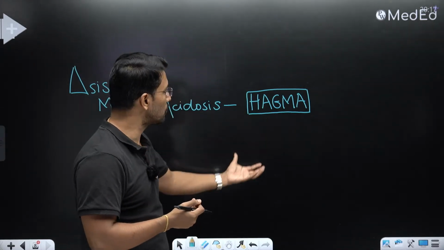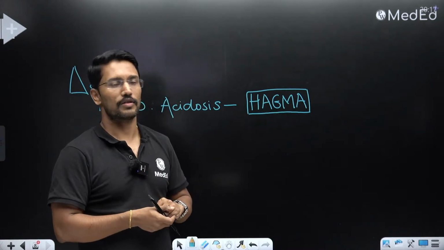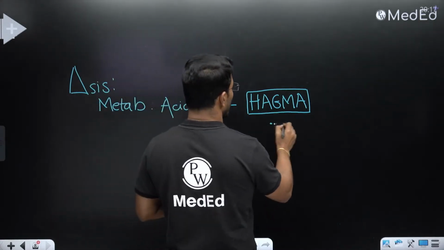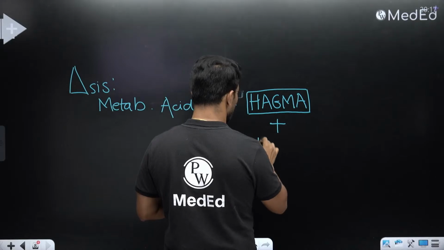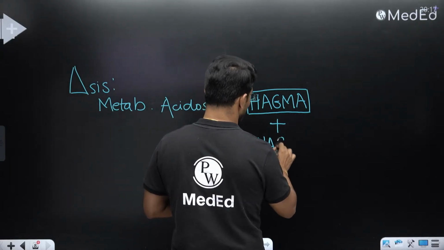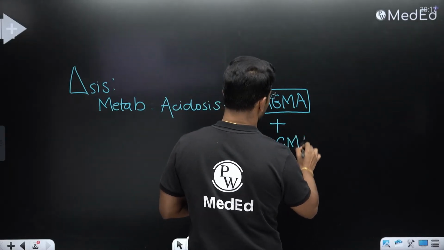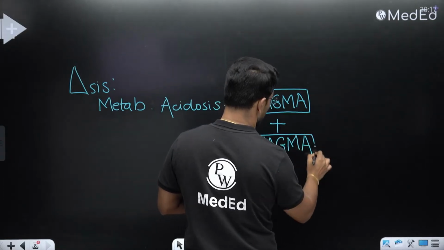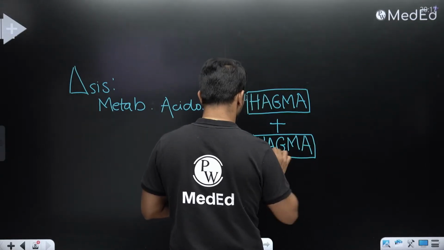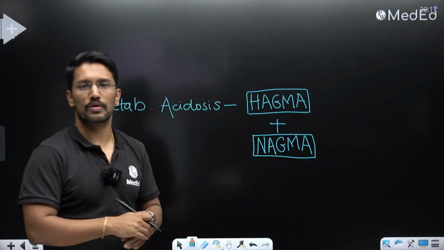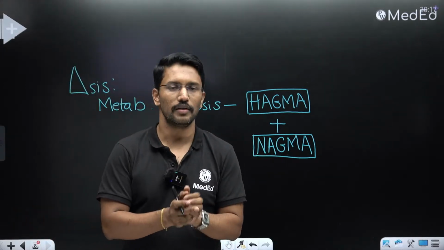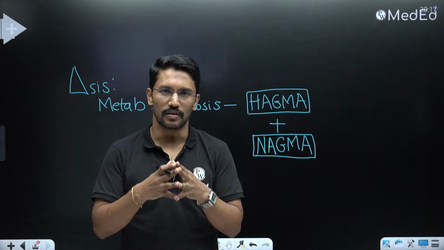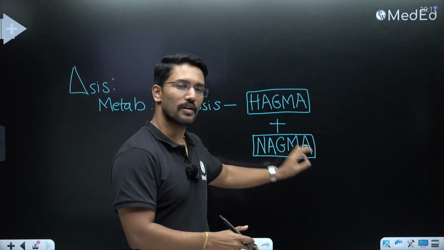That means there is an additional non-anion gap metabolic acidosis. So we have a high anion gap metabolic acidosis plus non-anion gap metabolic acidosis, both in the single ABG. So this is how we get to the precise diagnosis of the ABG abnormality. So follow the steps that will take you certainly to the last conclusive diagnosis.